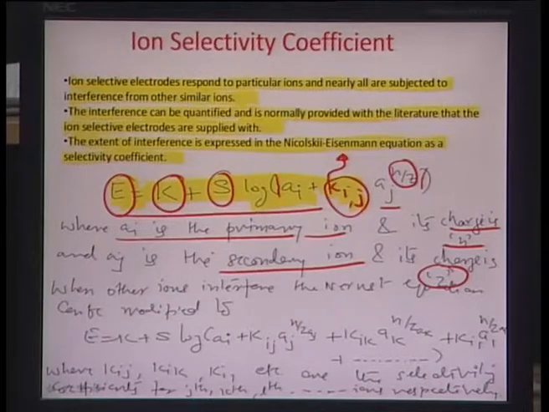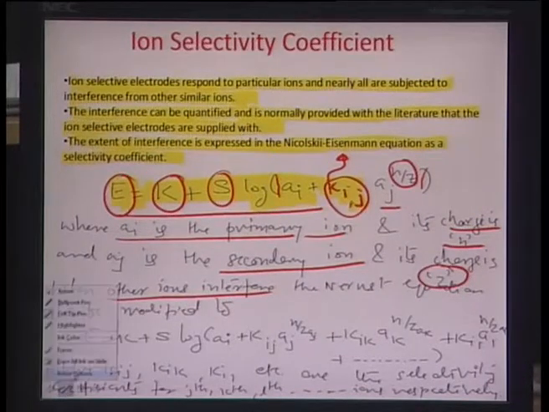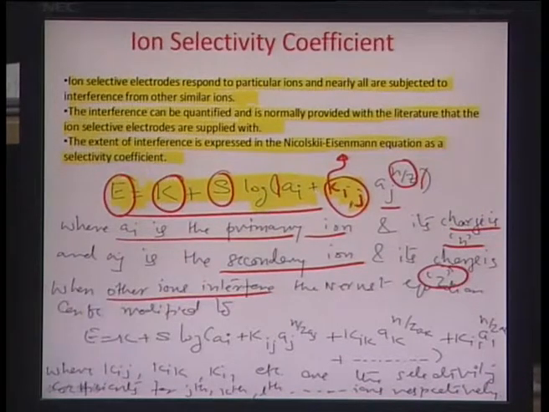When other ions interfere, that means there is more than one interfering ion, the equation will slightly change. Still, it will be in the Nernst equation form, but it will be modified to E equals K plus S log of Ai plus Kij Aj to the power of n by zj.